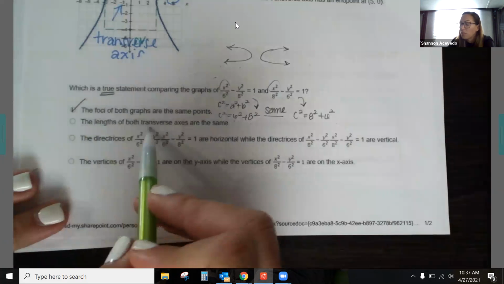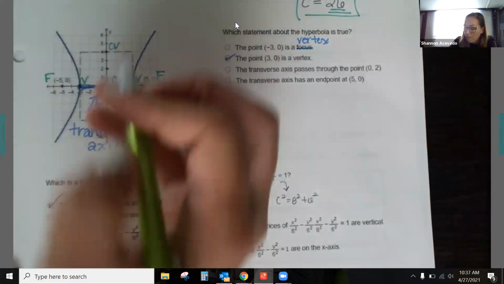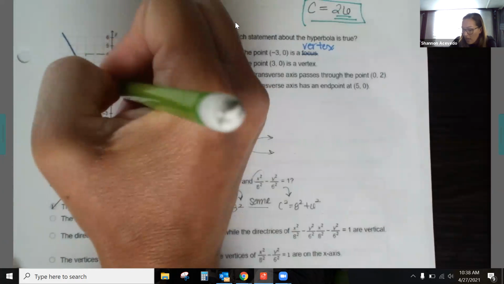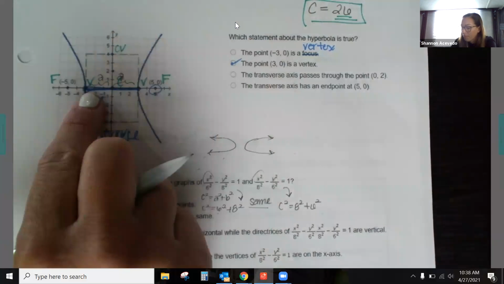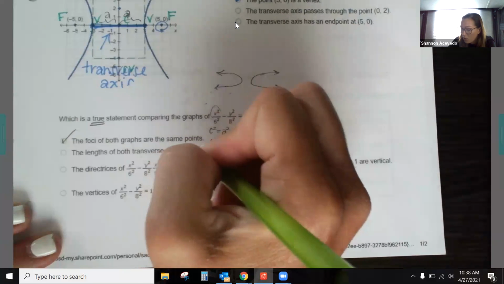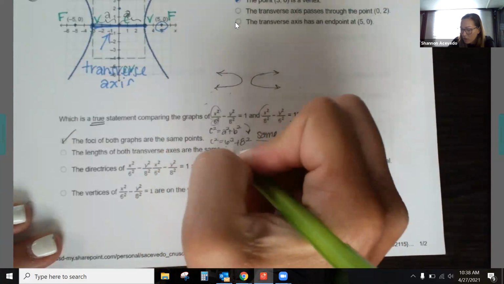The lengths of the transverse axis are the same. Well, remember, when we talk about this length here, this is a value of a, right? So if I wanted to know the length of it, it's 2a. So the length of my transverse axis is 2a. If I look at this first one, a is 6, so it'd be 2 times 6, which is 12.